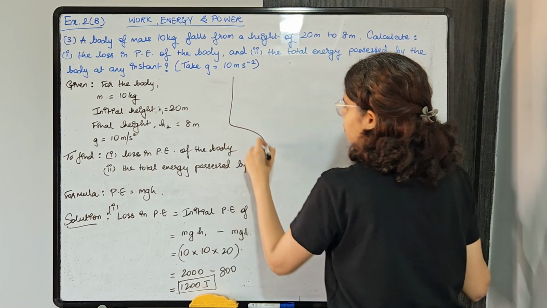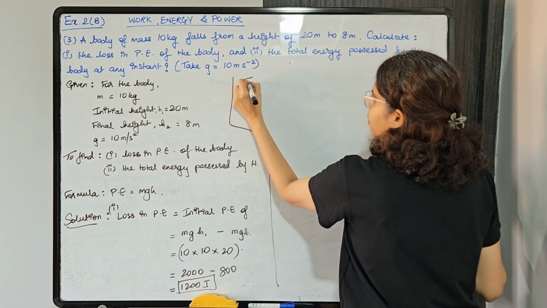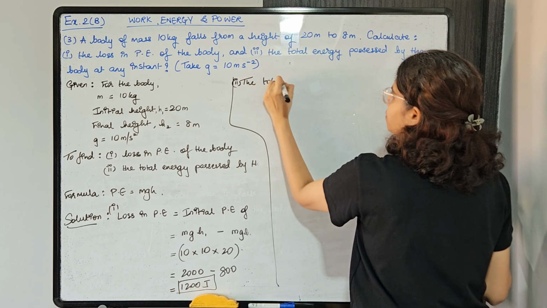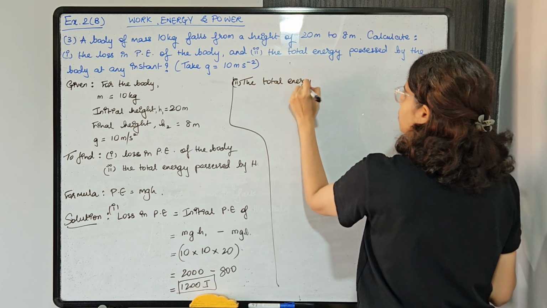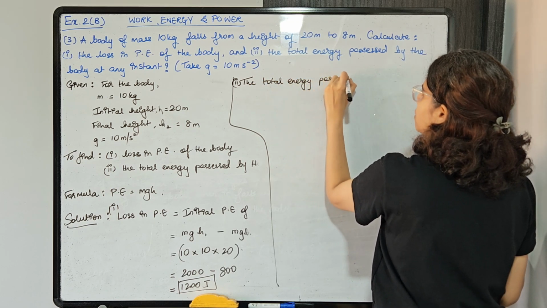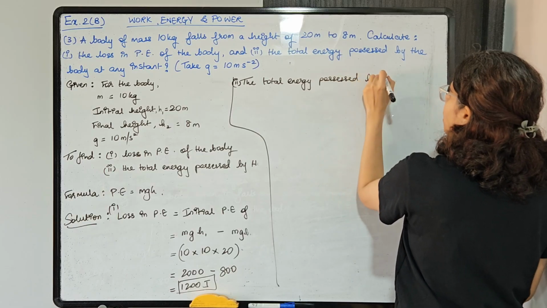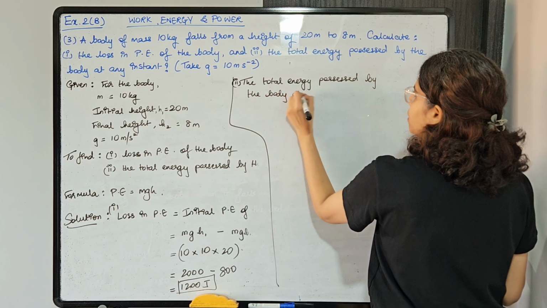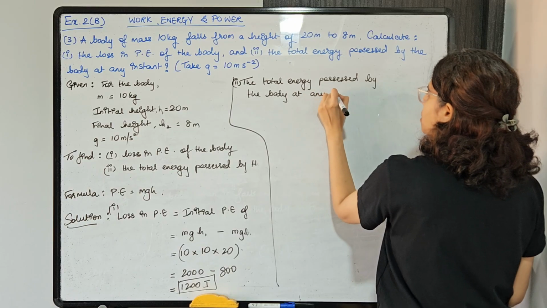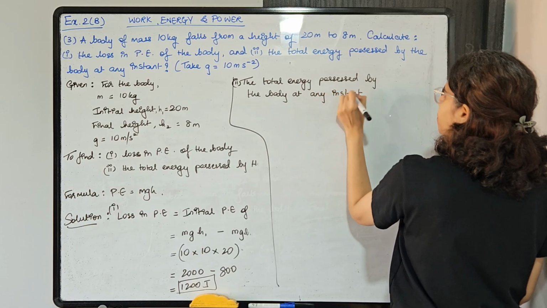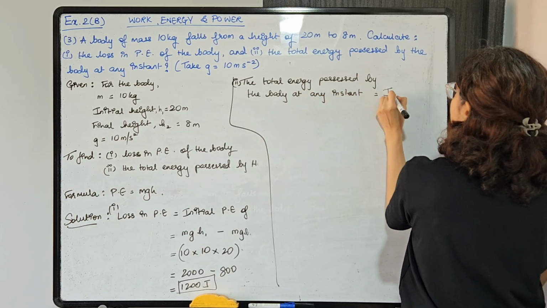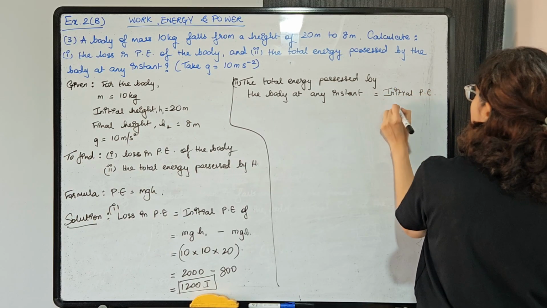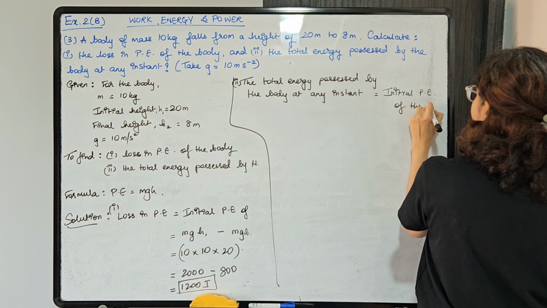Okay, so the total energy possessed by the body at any instant is nothing but the initial potential energy of the body.